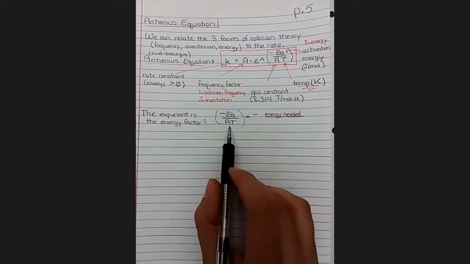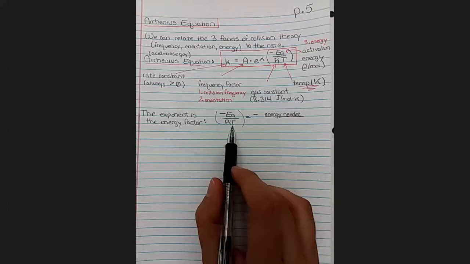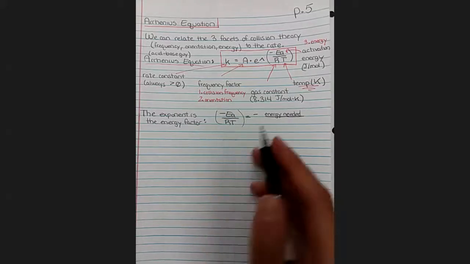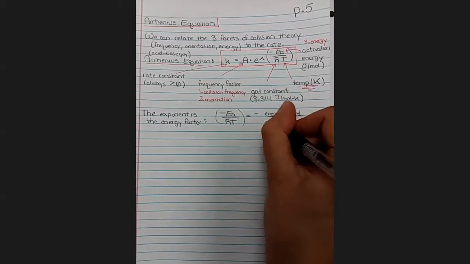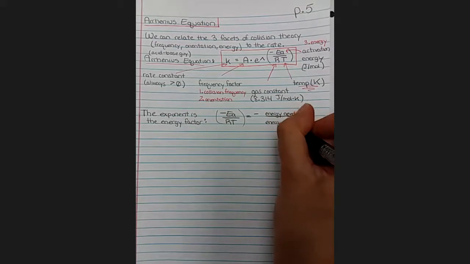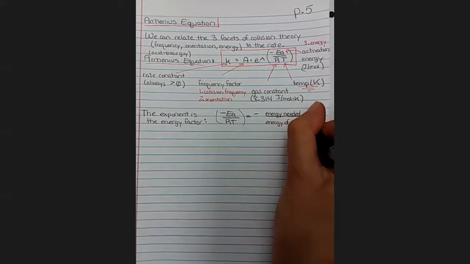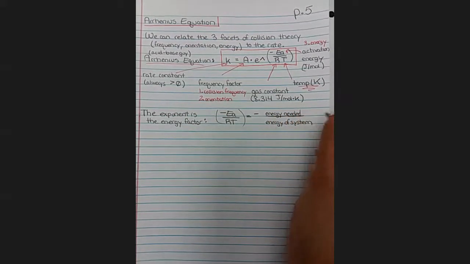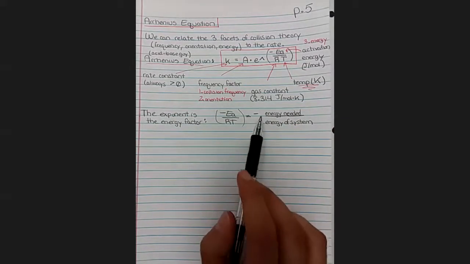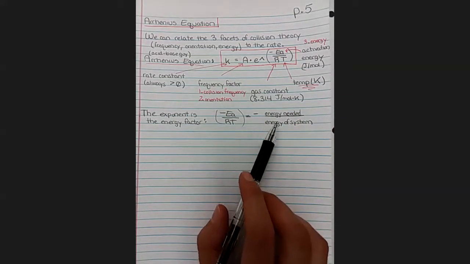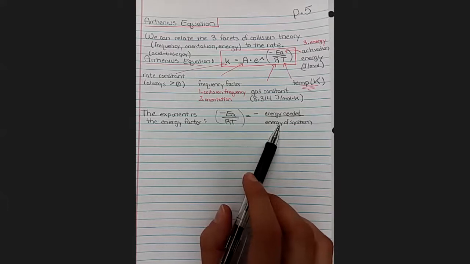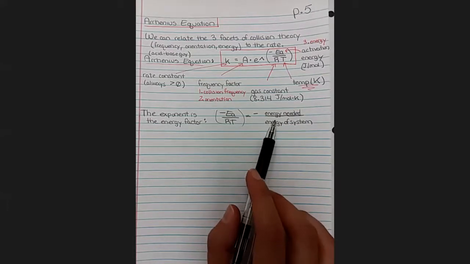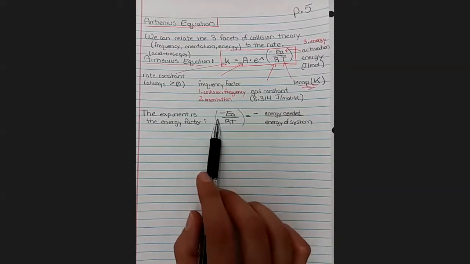And then RT on the bottom, we know this also has to do with energy. We just showed in the Boltzmann distribution in the last video that increasing the temperature increases the kinetic energy of the system. So the bottom, the denominator, represents the energy that the system has. So this exponent is really a fraction of the number that we're trying to reach and the amount of energy that we currently have.